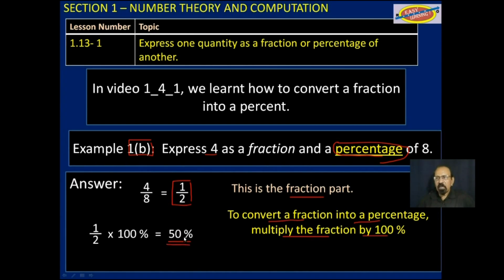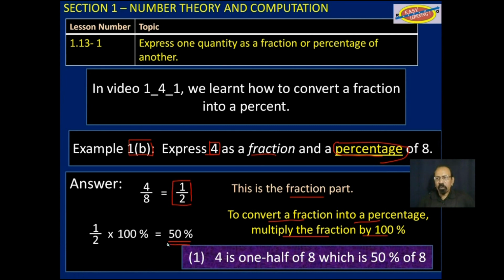So if you had to express 4 as both a fraction and a percentage of 8, first we express it as a fraction, which is half, and then we convert a fraction to a percentage by multiplying by 100%. And we get 4 is 1/2 of 8, which is also 50% of 8.